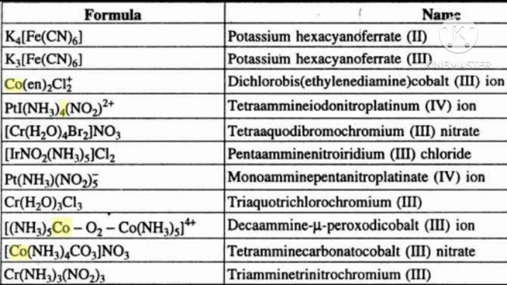First rule is that the cation is named first in both positively or negatively charged coordination entities. Means the complex ion is either positive or negative, whatever it be. The entity may be negative, may be positive.